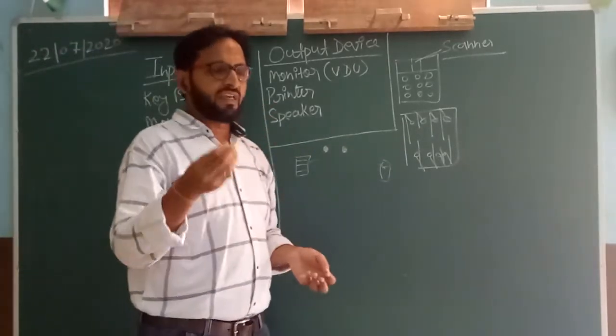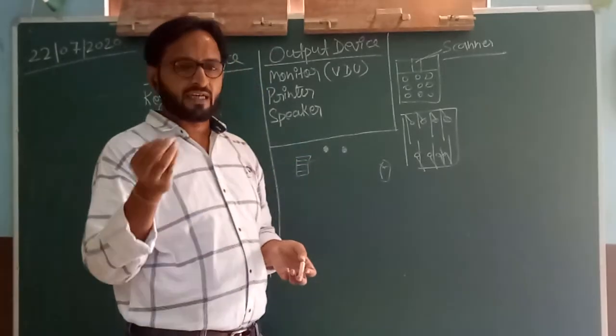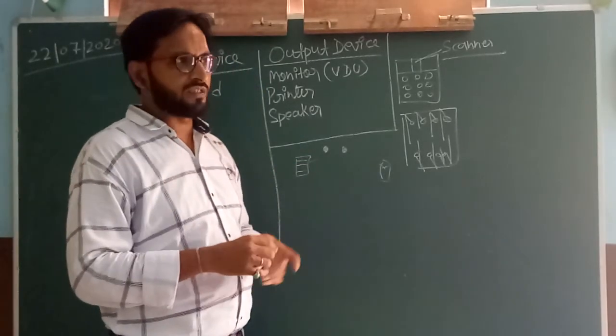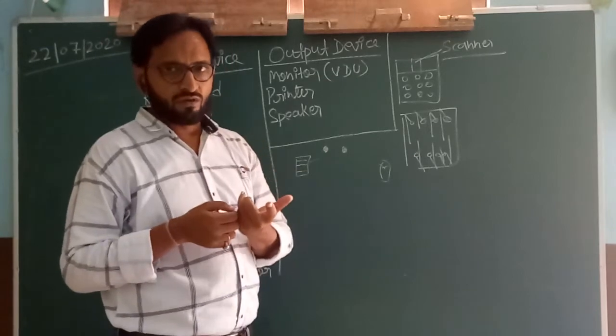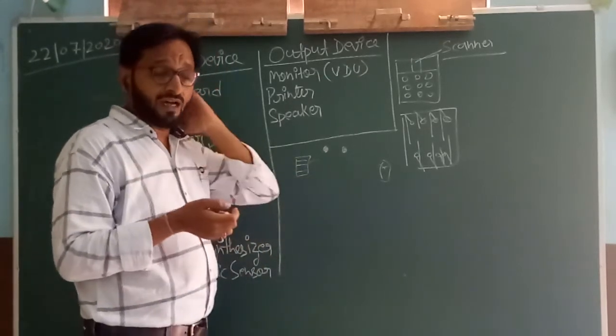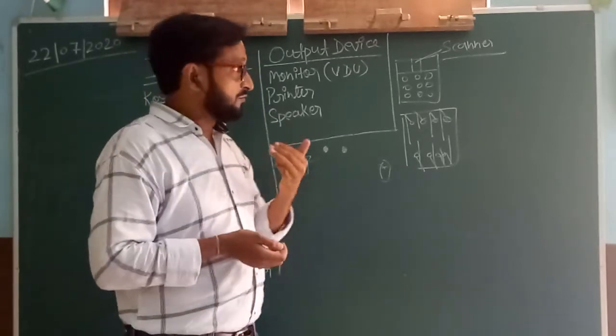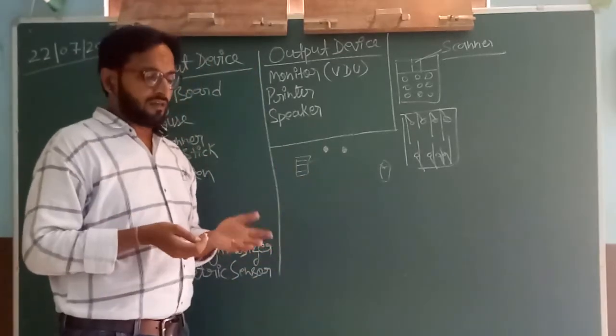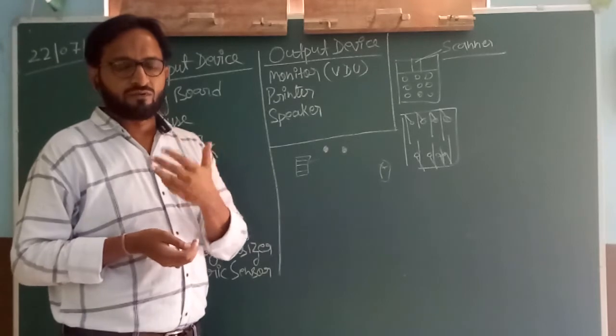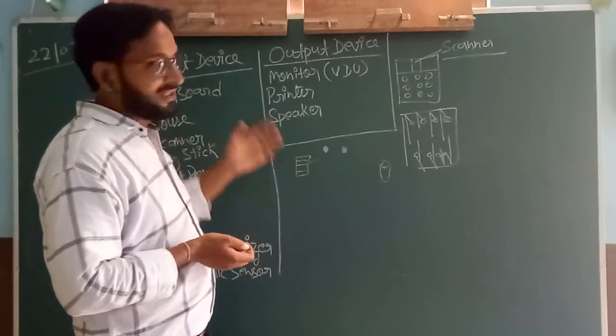In a smart TV, we can connect our computer and our mobile phones, and we can do everything we want. Suppose you have a computer and a smartphone at home, but you don't have a monitor. In that condition, what do you have to do? You just go with your TV.